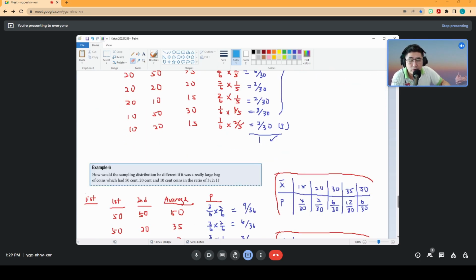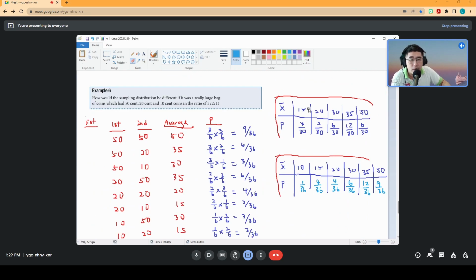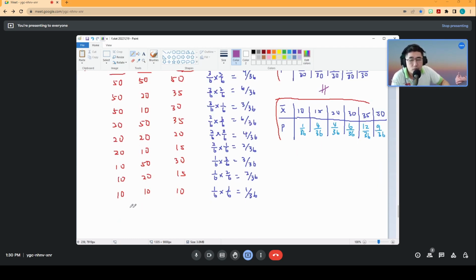So this example 5 and example 6, these two comparisons can tell you very clearly how things are actually different. Both are calculating sample mean, but they work differently. Next, let's see what are the items that we're supposed to know.